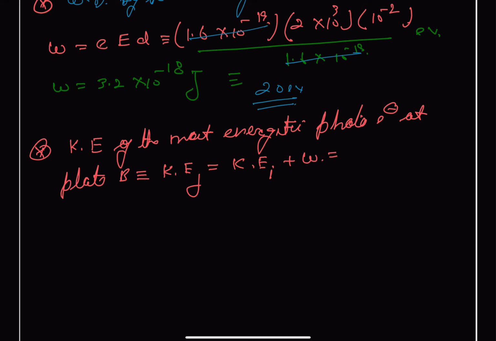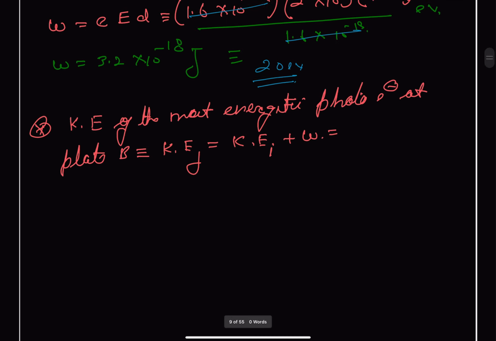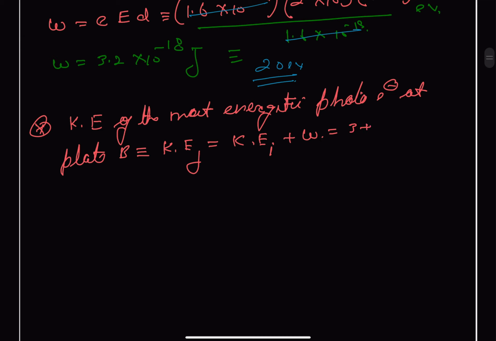Ke initial is our 3 electron volt, and the work done is about 20, giving us 23 electron volt.